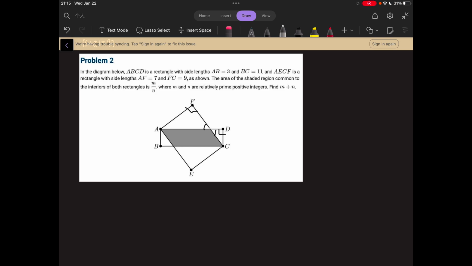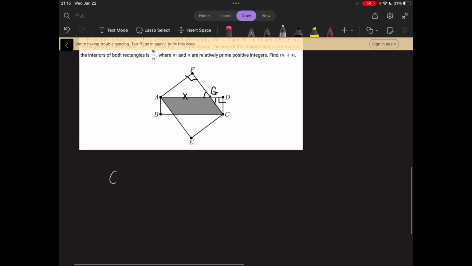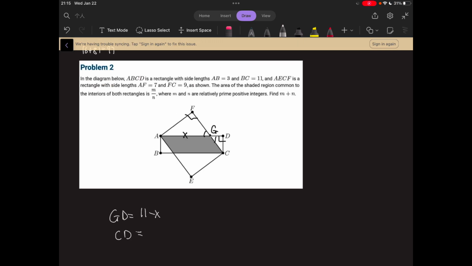Now, let's assume this point is G, and then assume this is X. So now, GD will be 11 minus X. CD is still 3.